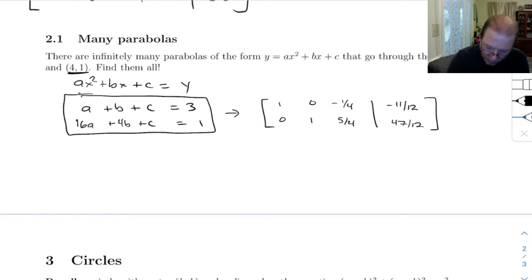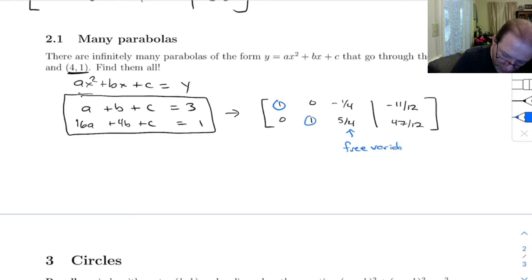All right, so remember what this means. We've got a leading one here and here, but this over here is a free variable. Remember, this is A, this is B, and this is C. So I've got to write the solution out as a parametric solution.